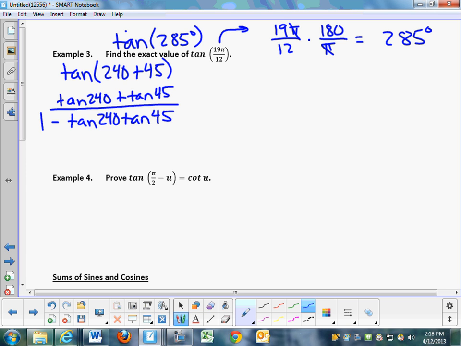Somebody tell me, what should I do? Figure out what the tangent of 240 is. What does your sheet say? Square root of 3. And what's tangent of 45? 1. So it's square root of 3 plus 1, divided by 1 minus square root of 3 times 1, which is square root of 3.